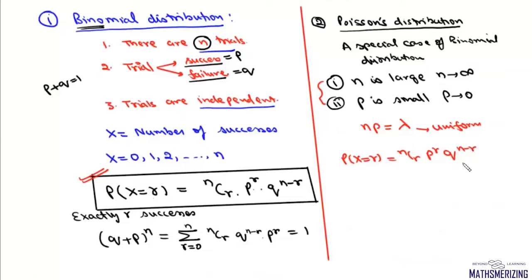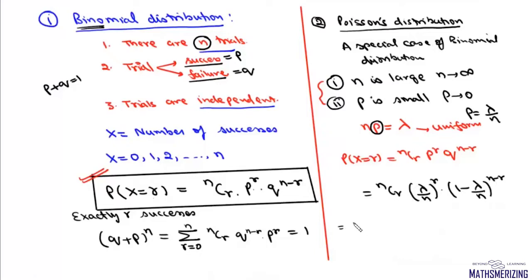Now q is basically 1 minus p, and we'll write this p as lambda by n. So we can write this distribution as nCr (lambda by n) to the power r (1 minus lambda by n) to the power n minus r.